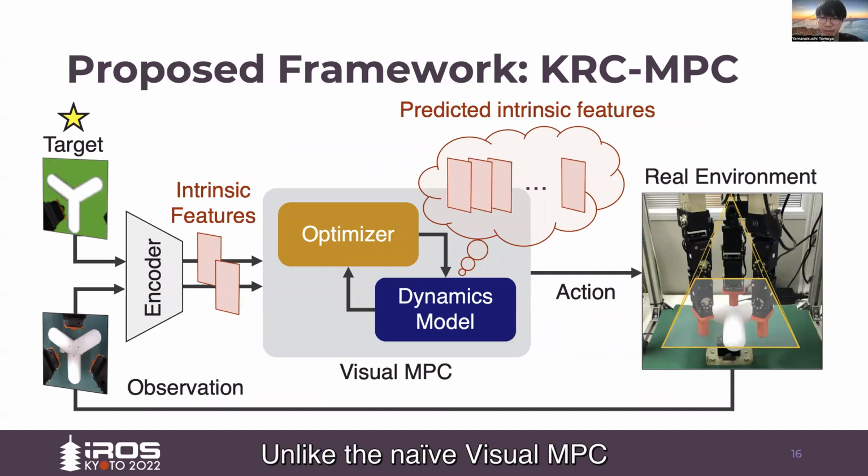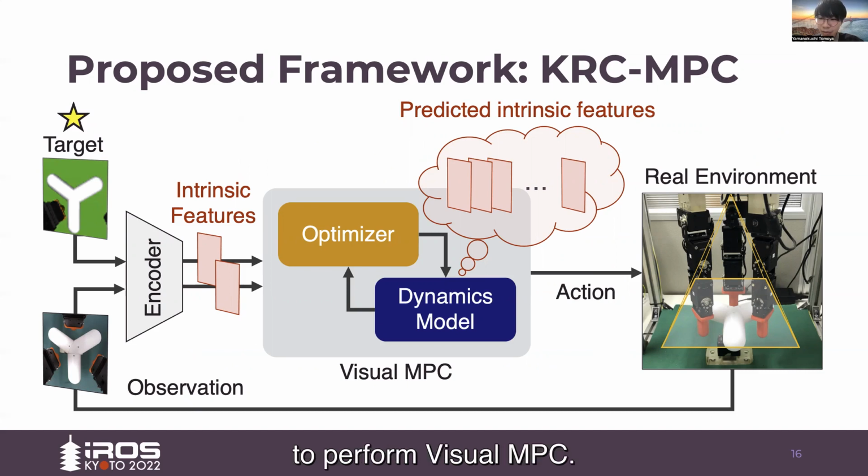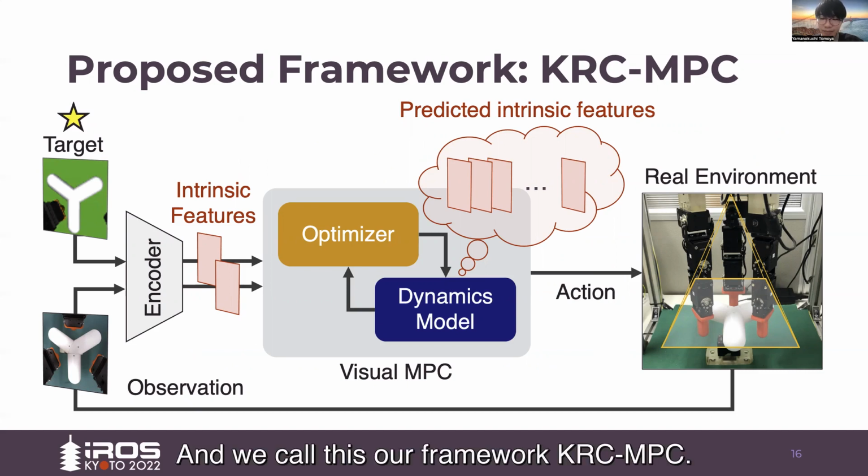Unlike the naive Visual MPC described at the beginning of this presentation, the image is not used directly for Visual MPC, but rather task-relevant intrinsic features are used to perform Visual MPC. And we call this framework KRC-MPC.